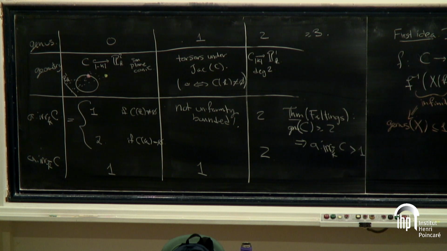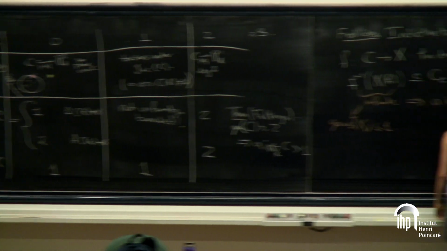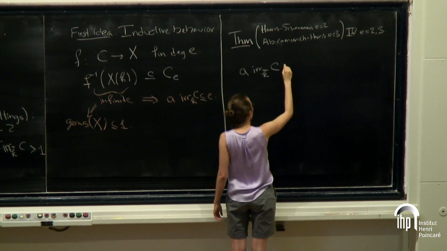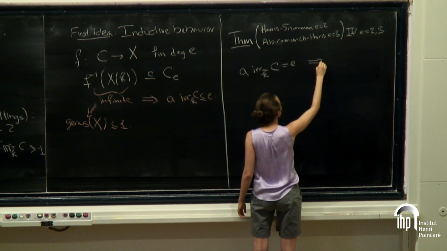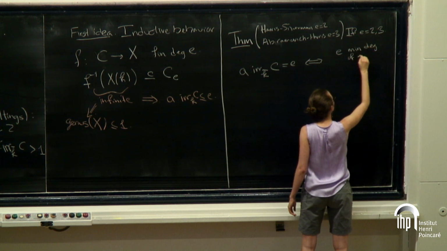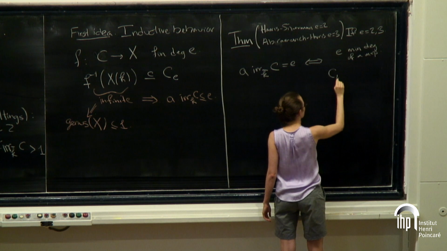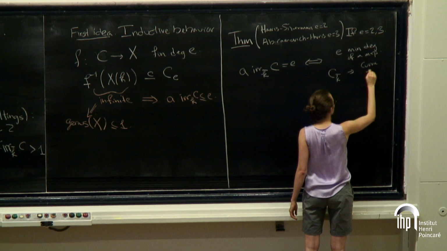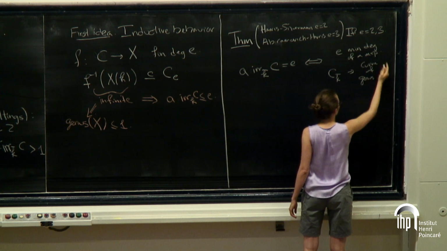So it's a theorem of Harris and Silverman when e equals 2, and Abramovich and Harris when e equals 3, which is that if e is 2 or 3, then this invariant, at least this geometric version, is equal to e precisely when e is the smallest degree of a map from C to a curve of genus at most 1.